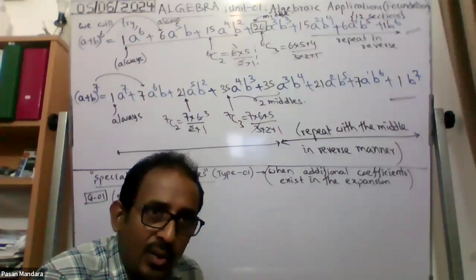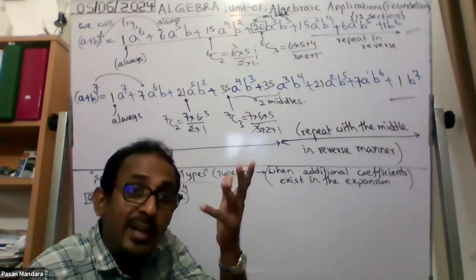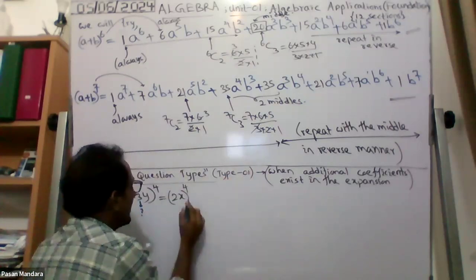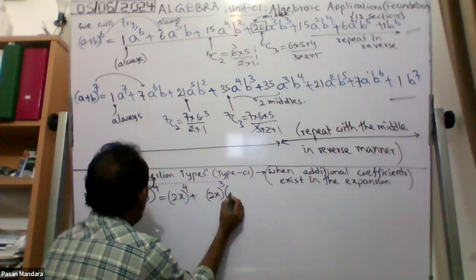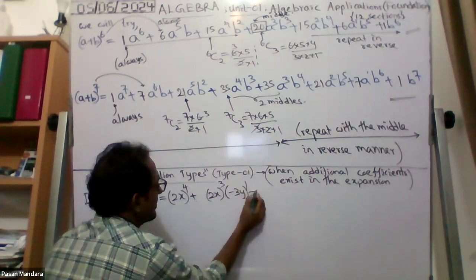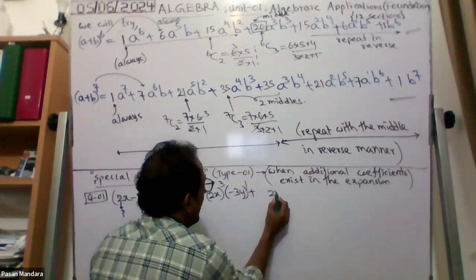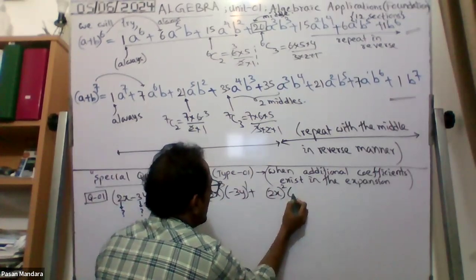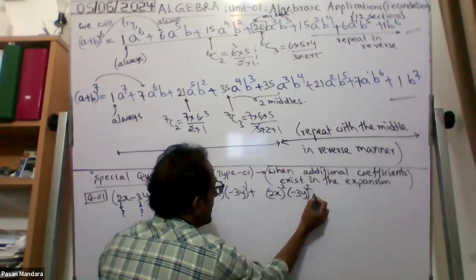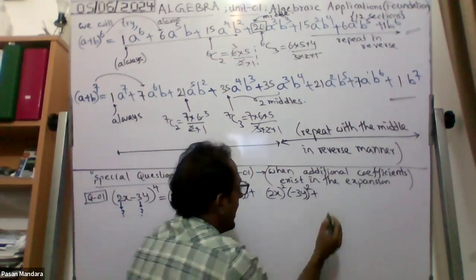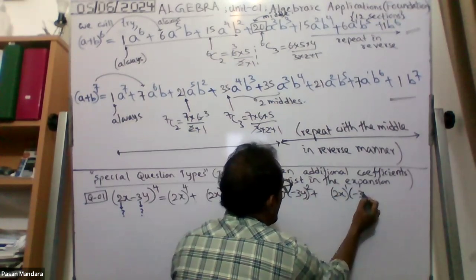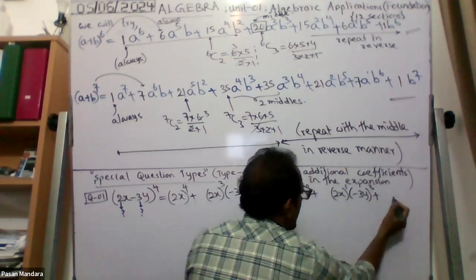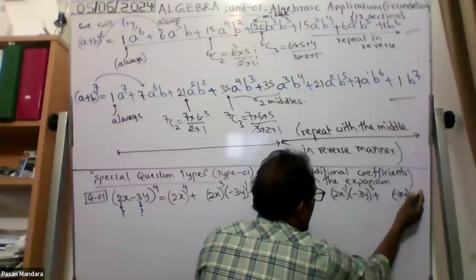I'm reading A, I'm writing 2x. A to the power 3, B to the power 1. A to the power 2, B to the power 2. A to the power 1, B to the power 3. B to the power 4.